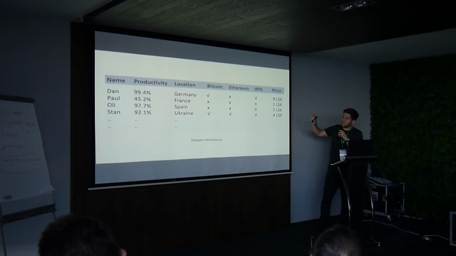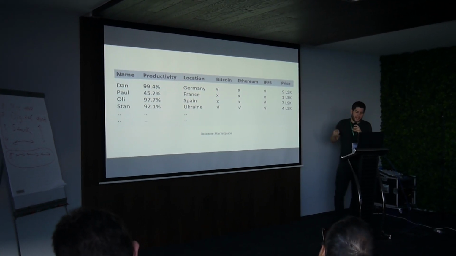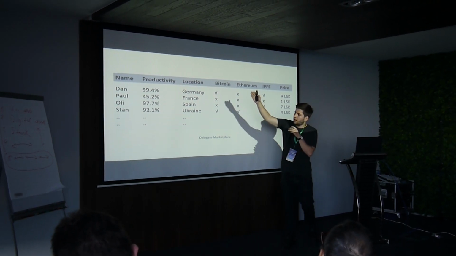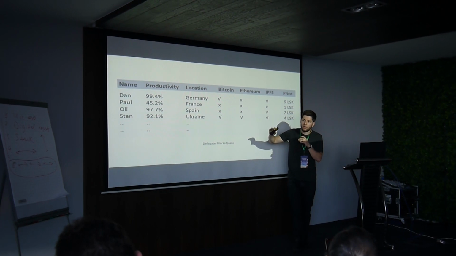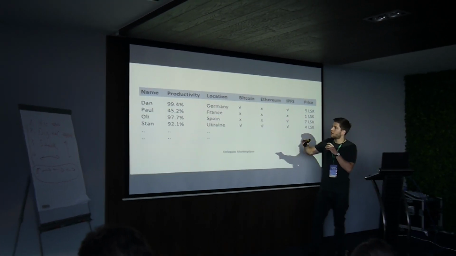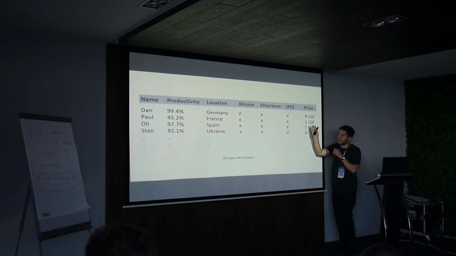This is just an ugly sketch of how this delegate marketplace could look. But you have, in principle, a list of names, their productivity, that means how good they are, how many blocks they forged and didn't forge, the location and which software is running in the background, and the price.